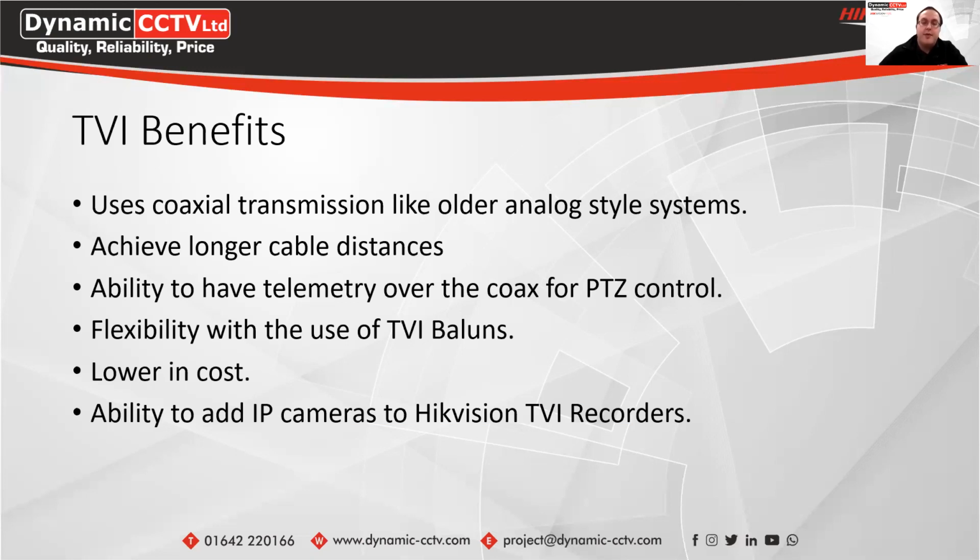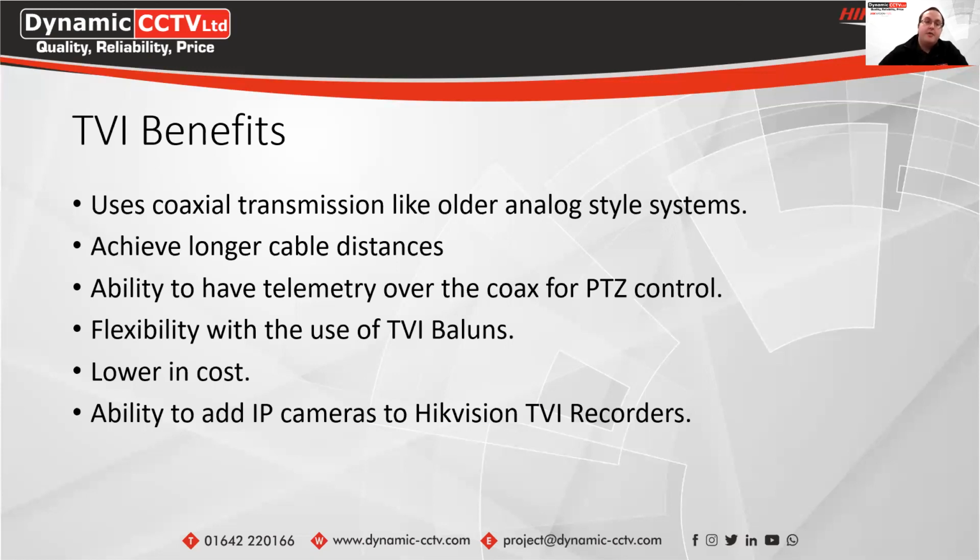With the actual powered balun, they do use a full Cat5 per camera, but they do balance the power and the video signals, so you don't get the interference as you would with standard 2-core balun and running the power down the same Cat5 as well. So it does prevent that from happening.